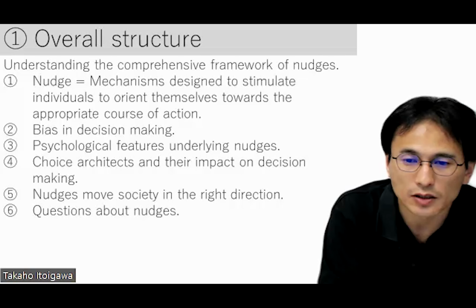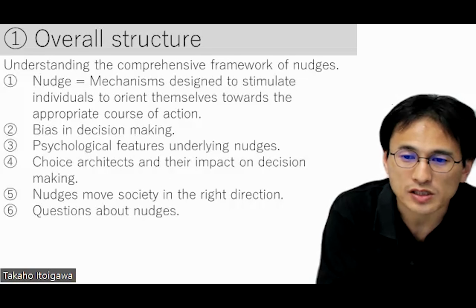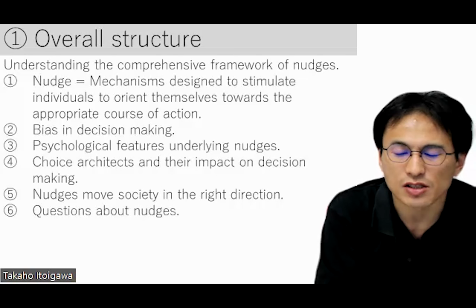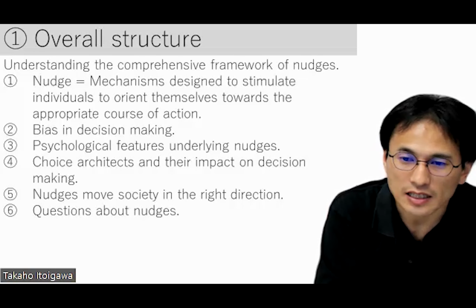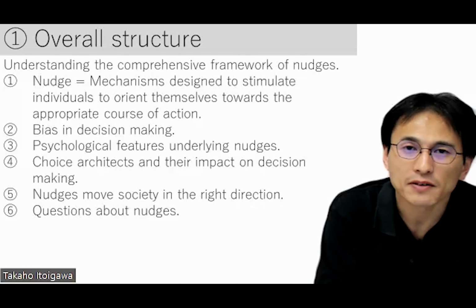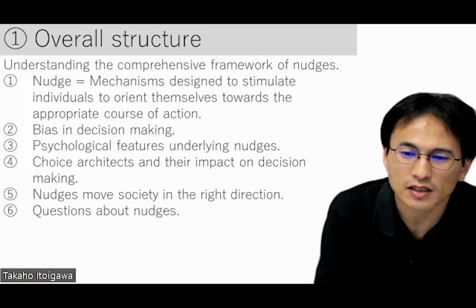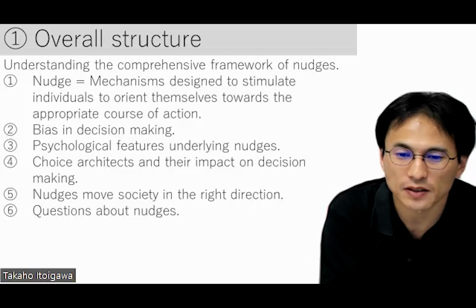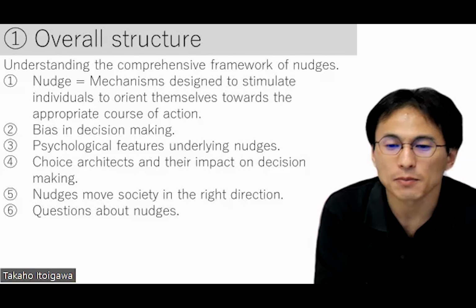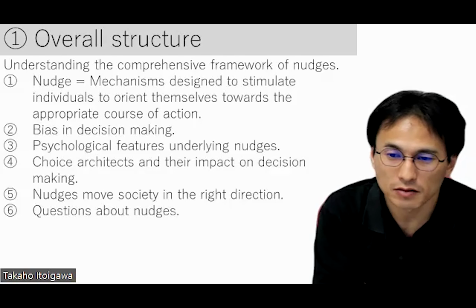The third video will explain the psychological characteristics on which nudges are based. The conceptualization of human behavior is called a behavioral model. Among behavior models, a model that focuses on the sequence of events from when a person receives information to when the behavior occurs is called an information behavior model.